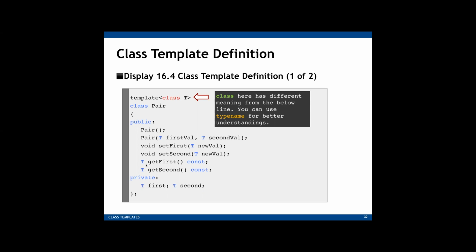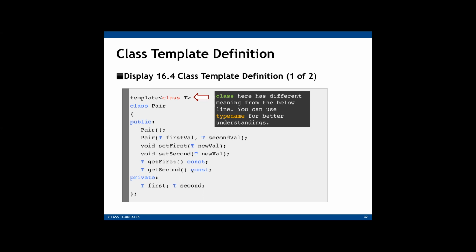So the objects of this Pair class should contain a pair of values of type T. By using this type parameter, we generalize the class. So this class can receive int, double, float, or string values. That's the reason why we say that we generalize the class.